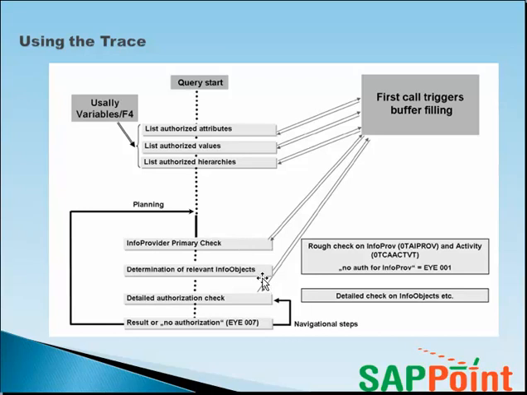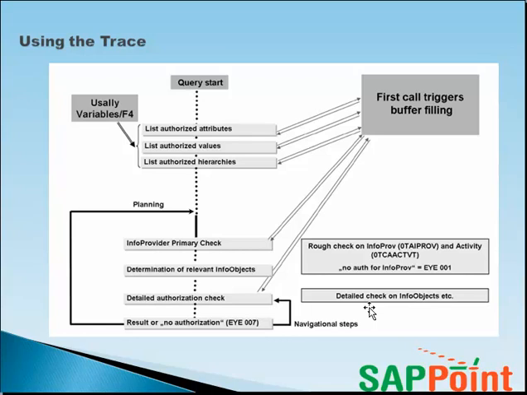Then the list of authorization relevant characteristics of the info provider is determined. As a last step, the access to the selected data in a certain navigational step is checked, always if necessary.